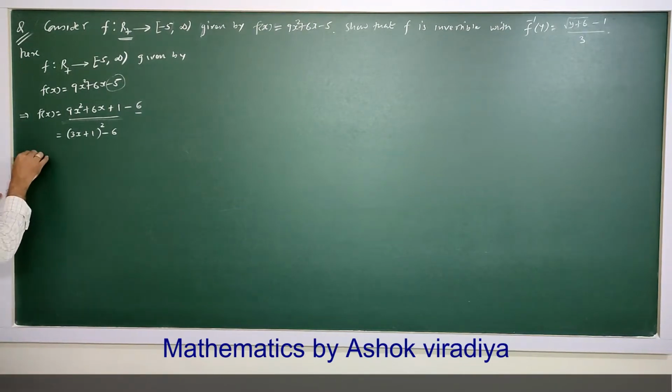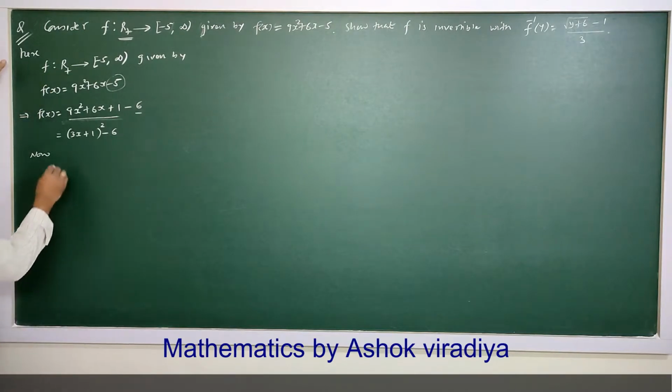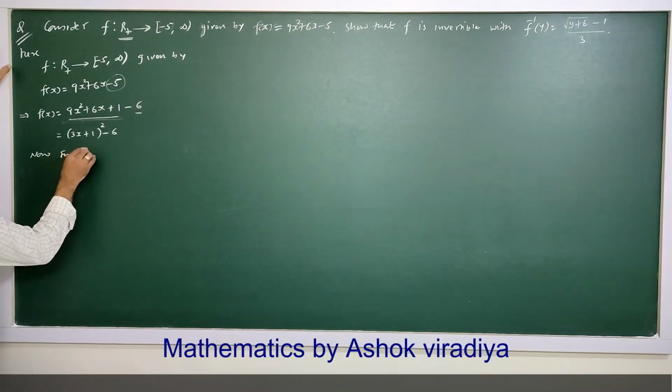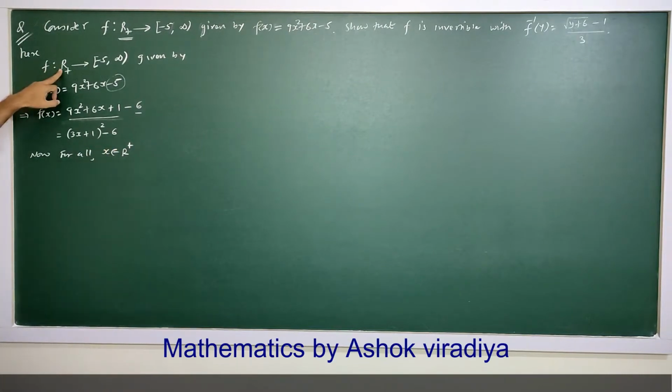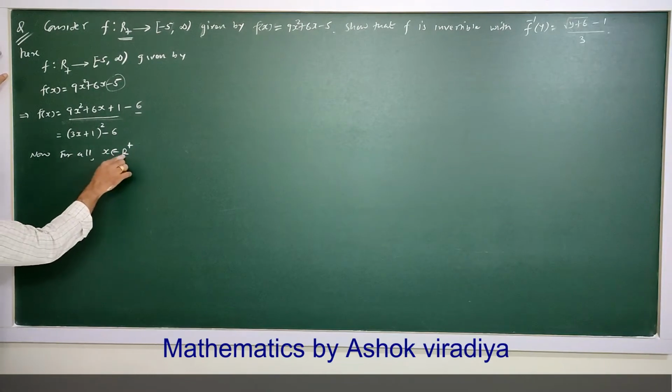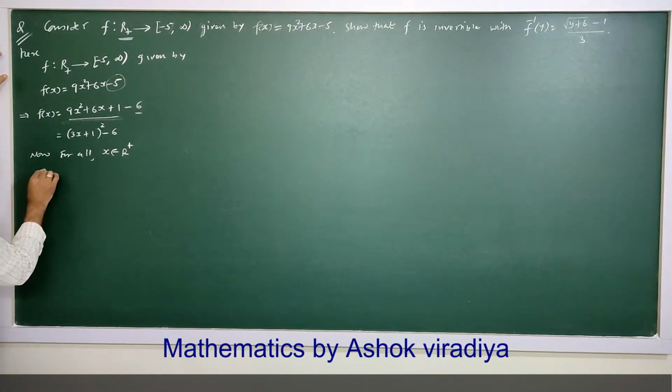Now x is positive for all x belonging to the non-negative real numbers, positive or it can be 0. So for all x belonging to R plus, x is more than or equal to 0.